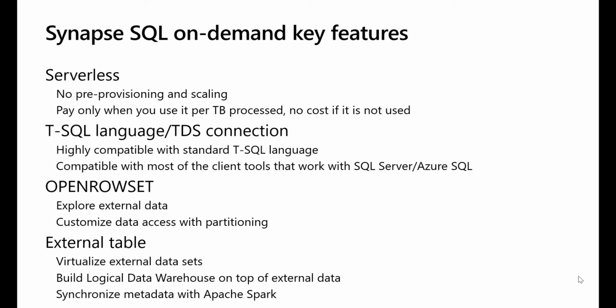So whenever you create table in Apache Spark in Synapse, the same table will be materialized in SQL On Demand. So you can have multiple tables in multiple compute engines that are referencing the same data. So you can choose, do you want to analyze your data using Spark Python, Spark SQL, or if you want to use standard T-SQL, you can use SQL On Demand to query the same data.